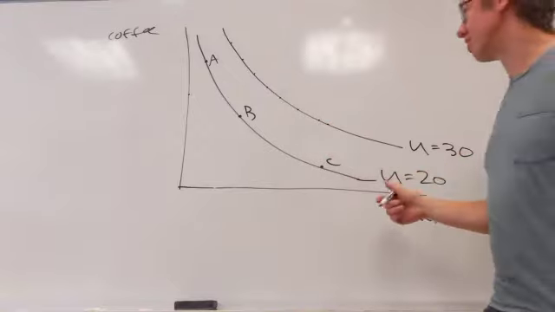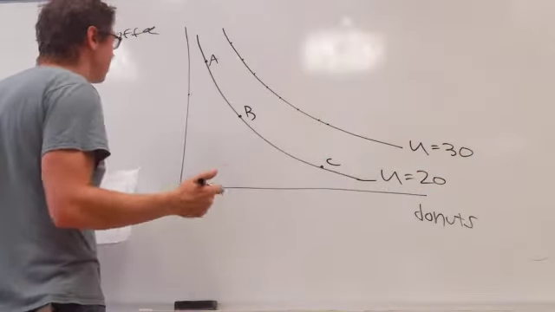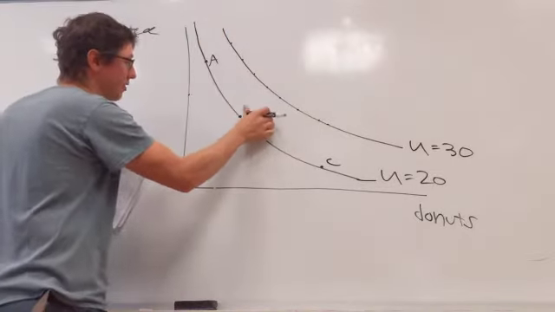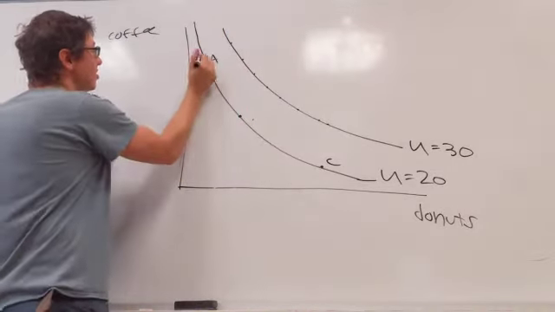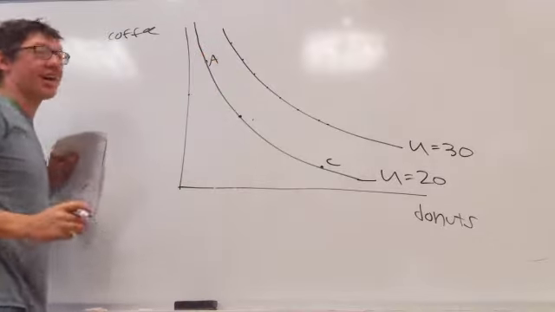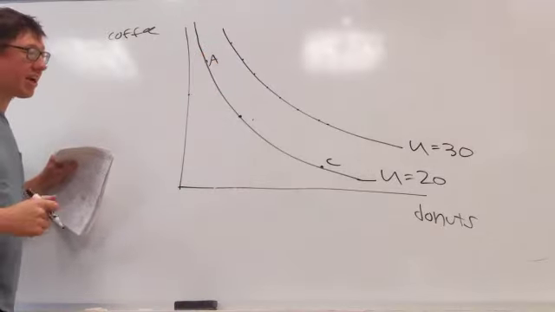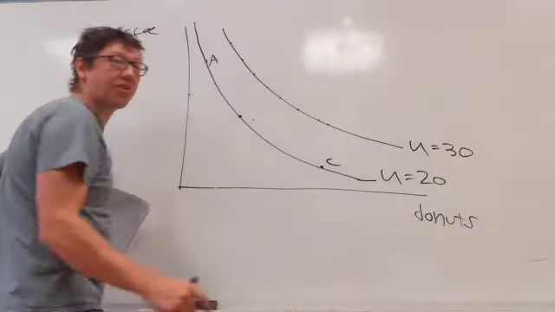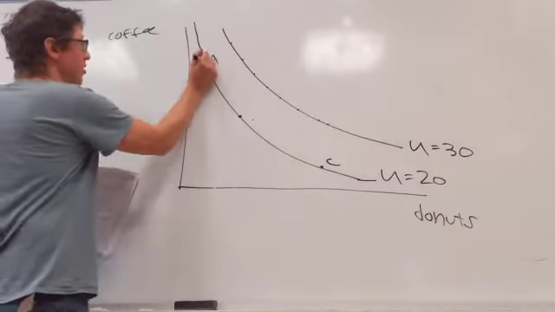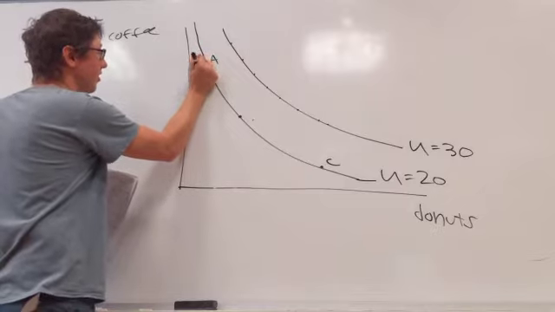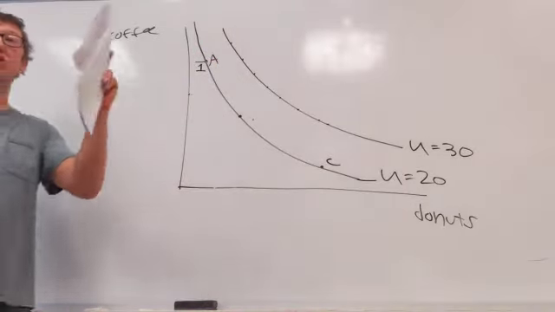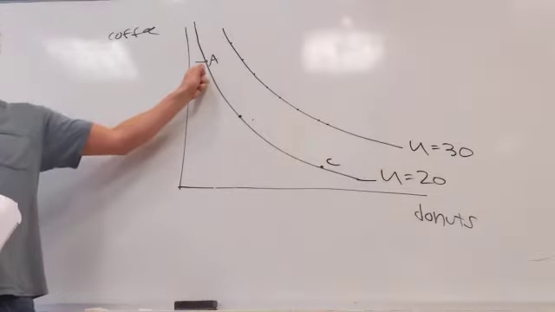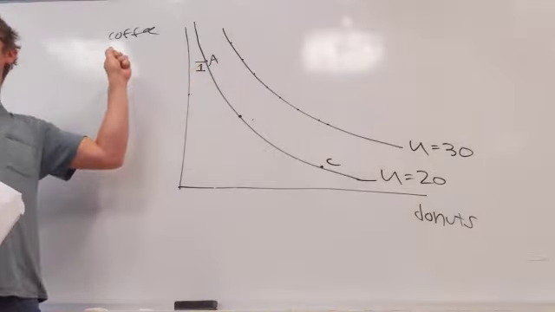So maybe one way to see that is to consider 2 points. We already have A and C up here, and let's focus on those. Let's say the consumer's at point A, and you say, hey consumer, bad news, I'm taking away 1 donut from you. So you're going to go from here and go over 1. Then you say, good news too, don't worry. I'm going to compensate you for taking away that donut by giving you more coffee.